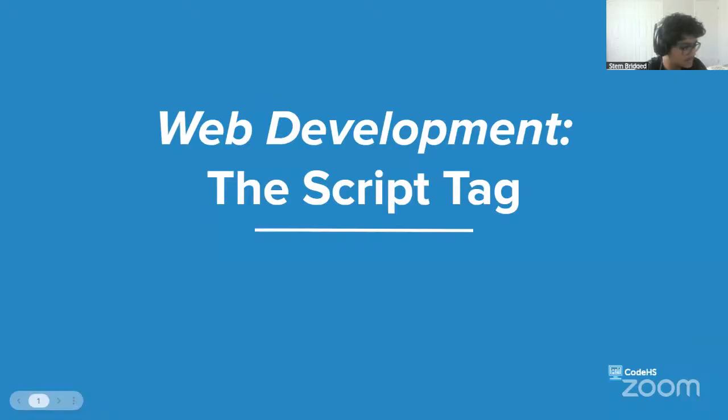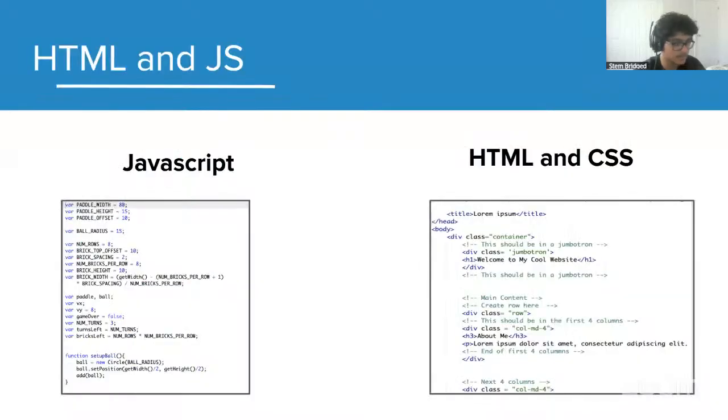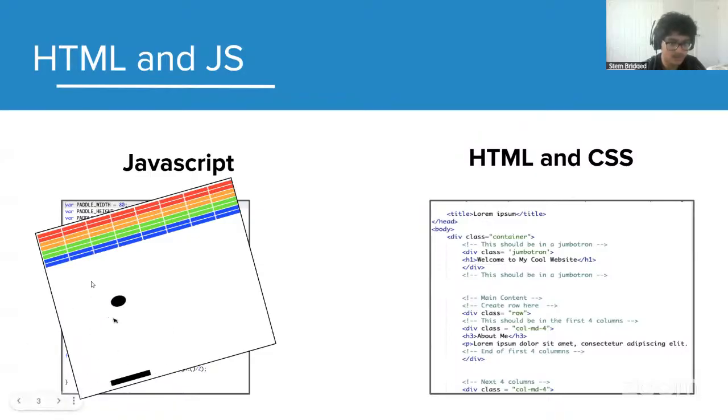Okay, in today's lesson, we're going to discuss a very important feature of web development, and that's the script tag. Up to this point, you've probably heard a little bit about JavaScript, and you've been working with HTML and CSS. We've been using HTML and CSS to develop websites, and we can use JavaScript to make interactive websites.